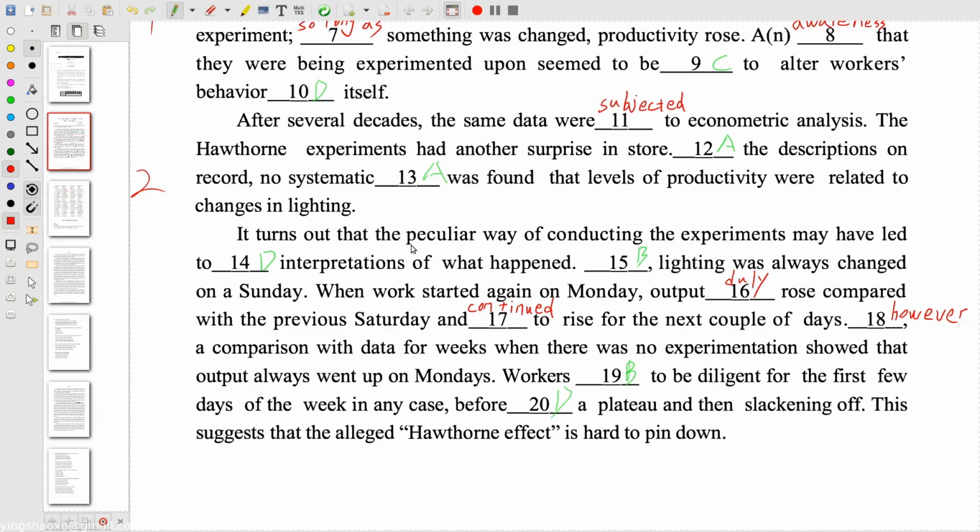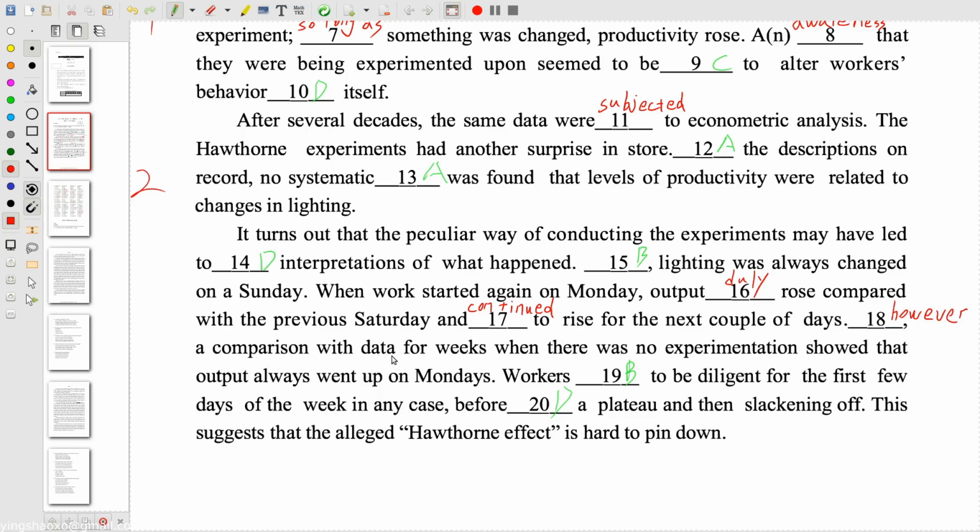It turns out that the peculiar way of conducting the experiments may have led to misleading interpretations of what happened. For example, lighting was always changed on a Sunday. When work started again on Monday, output duly rose compared with the previous Saturday and continued to rise for the next couple of days.